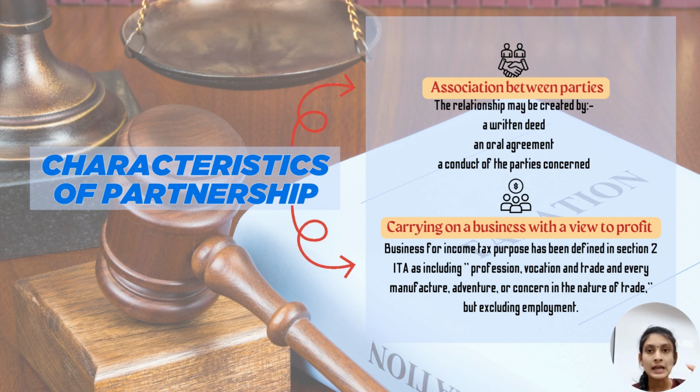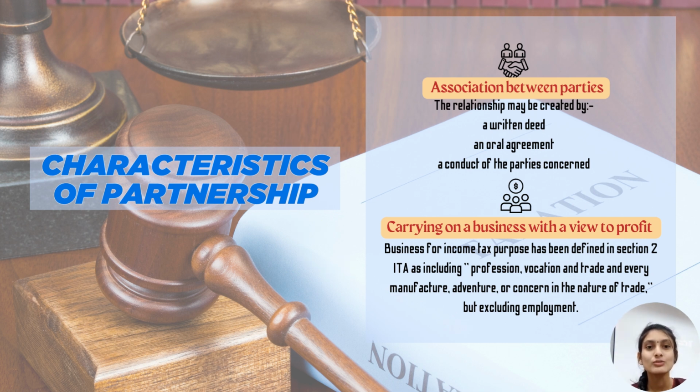Okay, and the second characteristic is carrying on a business with a view to profit. Actually, this is about business for income tax purposes, which has been defined in section 2 that you remember. An association of any kind, and it includes profession, vocation, trade and every manufacture, adventure or concern in the nature of trade, which was mentioned in the previous chapter by our friend.